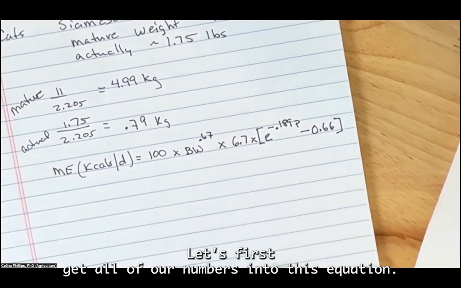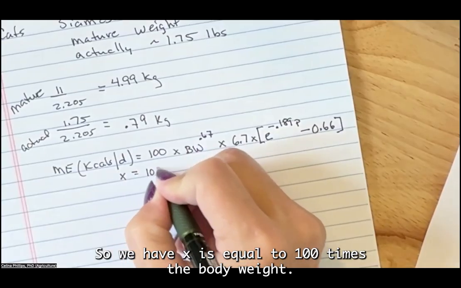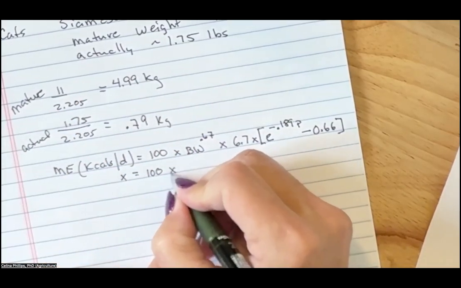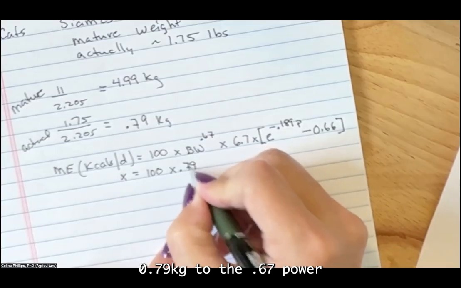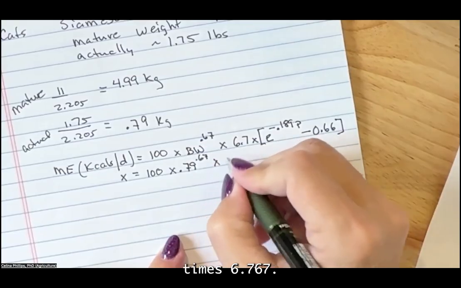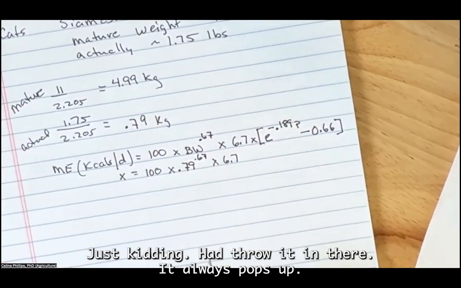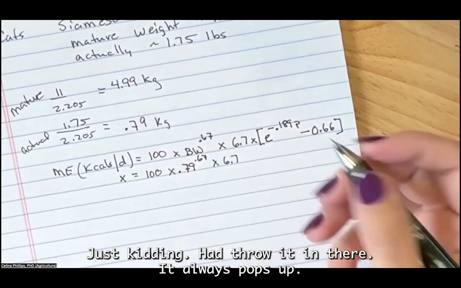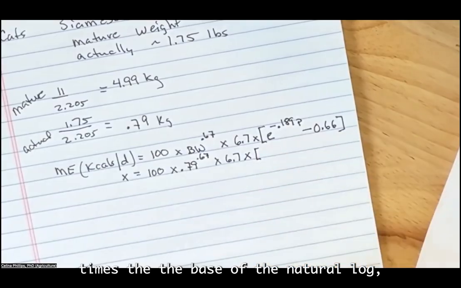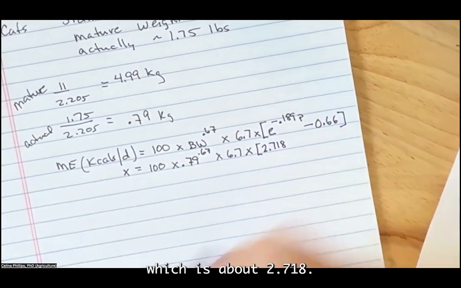Order of operations. Let's first get all of our numbers into this equation. So X is equal to 100 times the body weight, so that's the actual body weight, 0.79 kilograms to the 0.67 power times 6.7. 6.7, just kidding, had to throw it in there. It always pops up, and it popped up all semester with this equation. Times the base of the natural log, which is about 2.718.